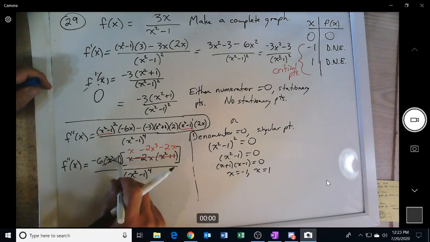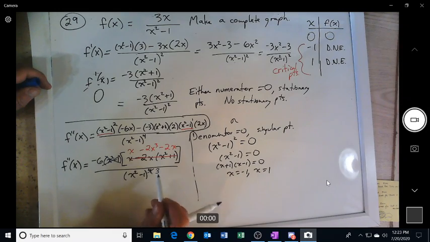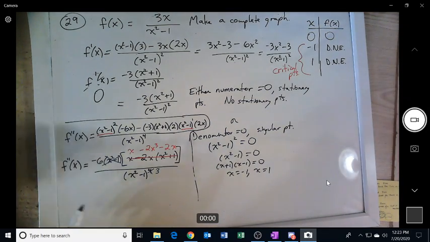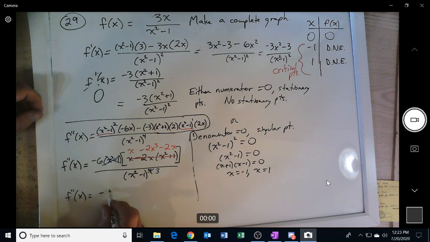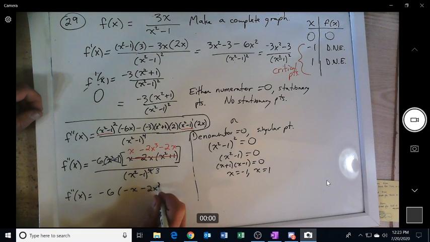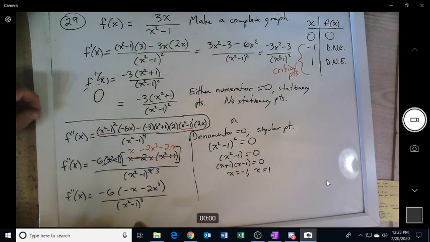This is also going to reduce the denominator down to a 3. Negative 6, this x and that minus 2x makes minus x minus 2x cubed, all over x squared minus 1 to the third, since that reduced.